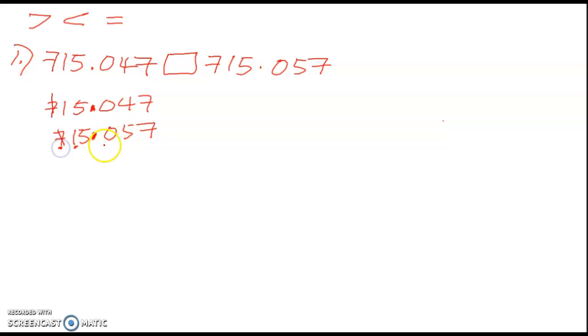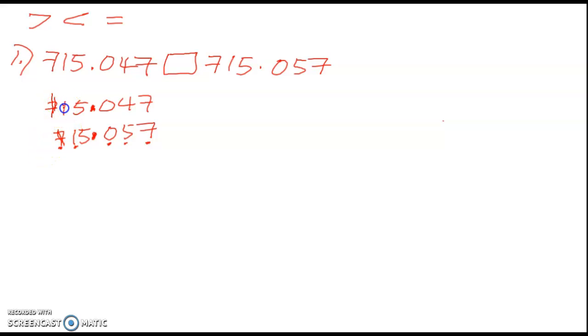For the decimal, this is the tenths place, this is the hundredths place, and this is the thousandths place. That's why we read this as 715 and 57 thousandths, 715 and 47 thousandths. So again, 7 and 7, compare them, they are the same.